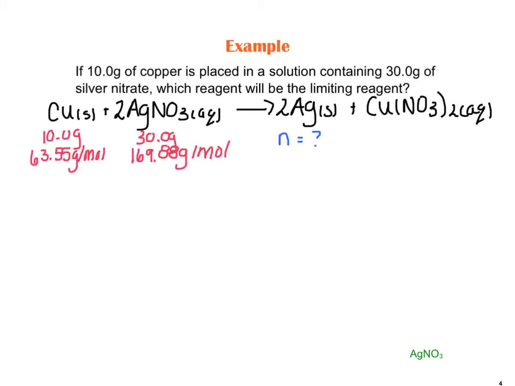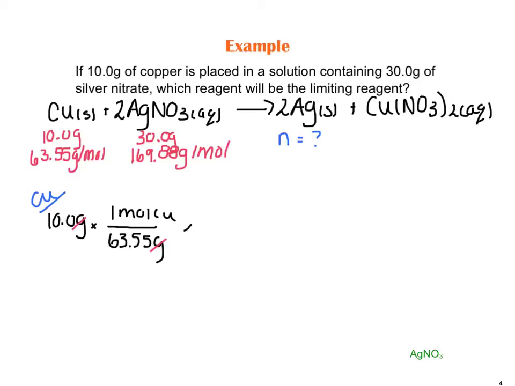So starting with copper, we're going to do unit analysis, and we're going to stop at moles of silver. So that's right after our mole ratio, rather than going all the way. We could, no big deal, you'll still get the same answer, but just a little bit more work. So 10 grams of copper times 1 mole of copper per 63.55 grams, so grams have canceled.